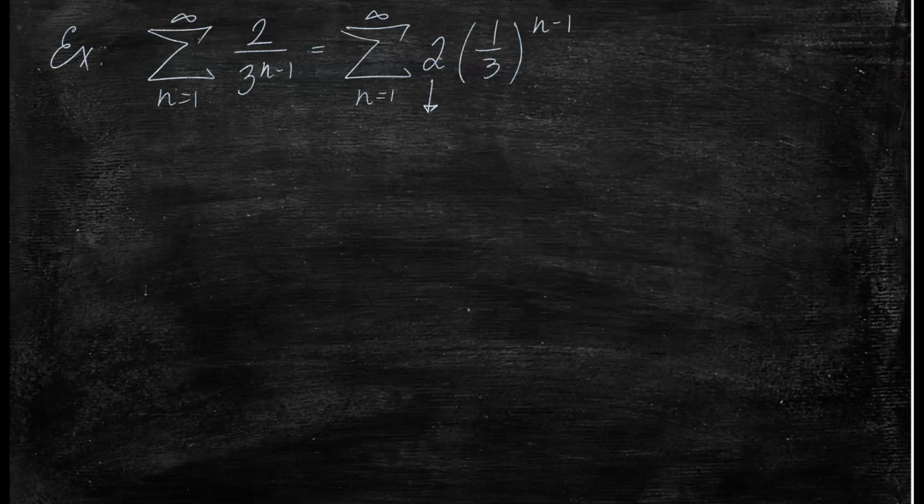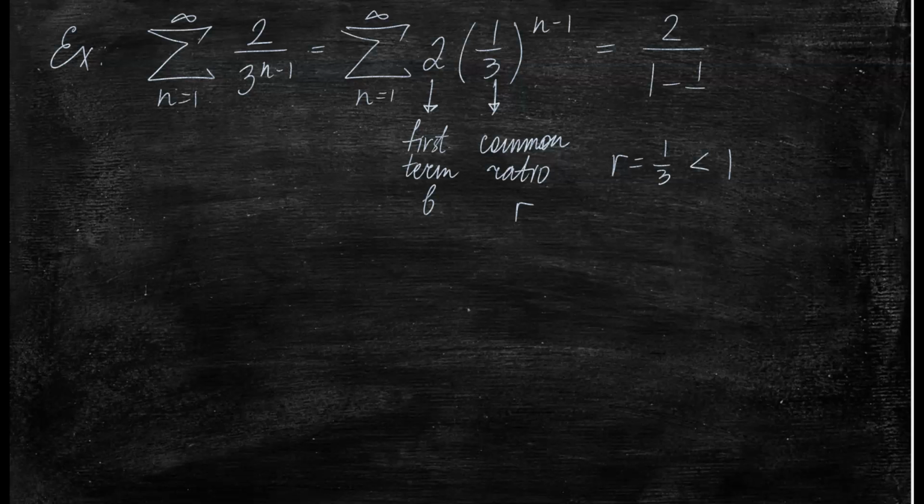So now we identify the initial term and the common ratio, and once we do, all we have to do is to confirm that the common ratio, which is 1/3, is less than 1, to conclude that the geometric series converges to the following expression, which is equal to 3.